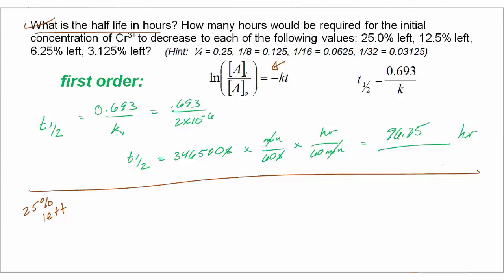Well, 25% is 0.25, which is a fourth. And recognize a fourth is a half times a half. That's 2 half-lives. Well, each half-life was how long? 96.25 hours. So need 2 of those, around 192.5 hours.